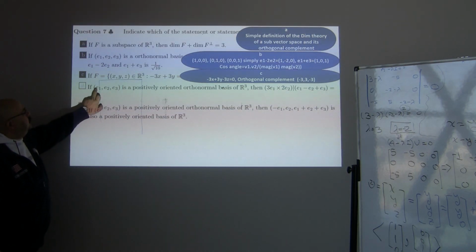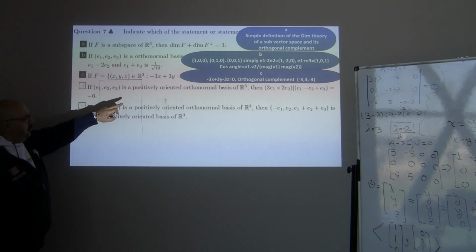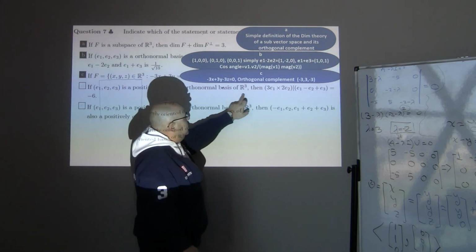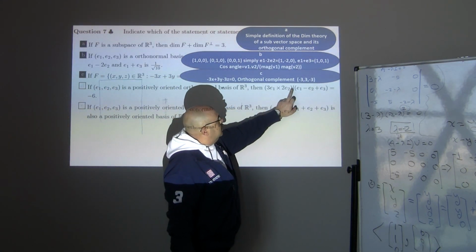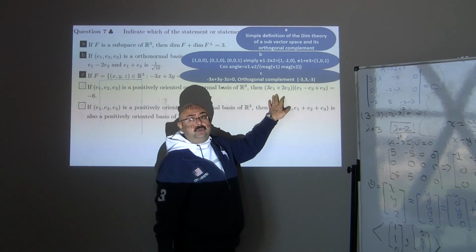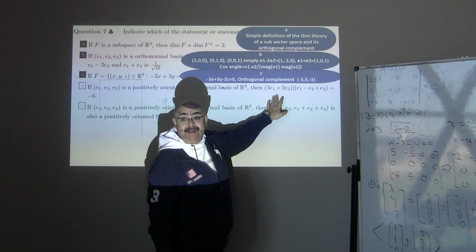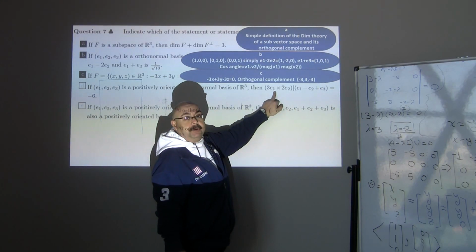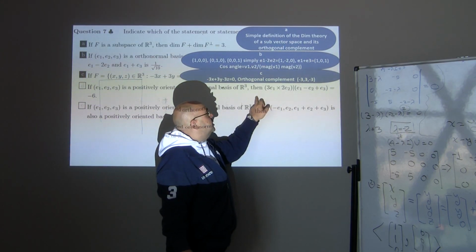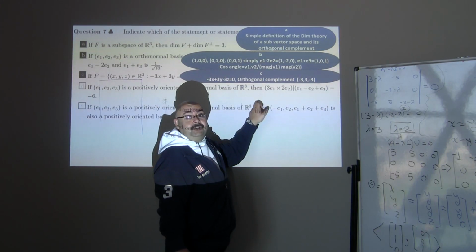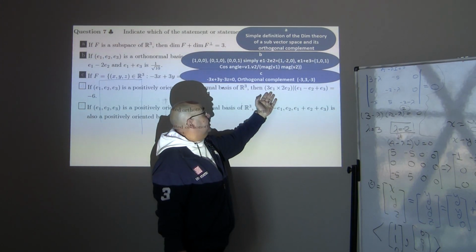If E1, E2, E3 is a positively oriented orthonormal basis of R3, then (3E1 × E2) dot (E1 minus E2). All you have to do is make a substitution. So here I'm making a cross product between (3, 0, 0) and (0, 2, 0), using i, j, k, giving the vector.